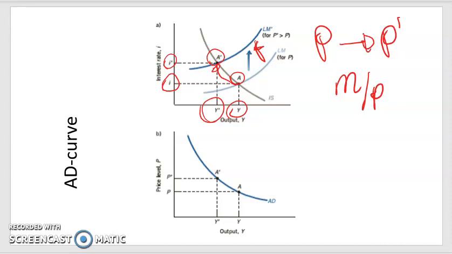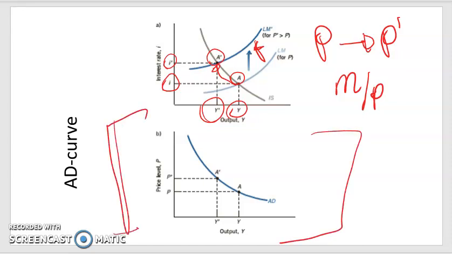This relationship can be shown by the aggregate demand relation. What does this tell us? The increase in price level leads to a decrease in real money stock. This monetary contraction leads to an increase in the interest rate, which leads in turn to a lower demand for goods and lower output.